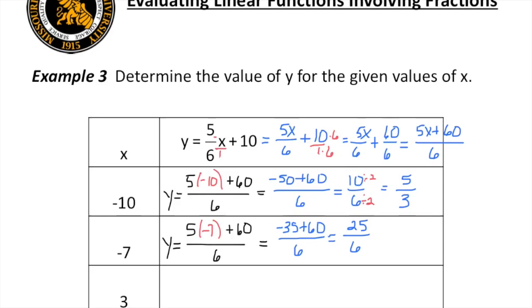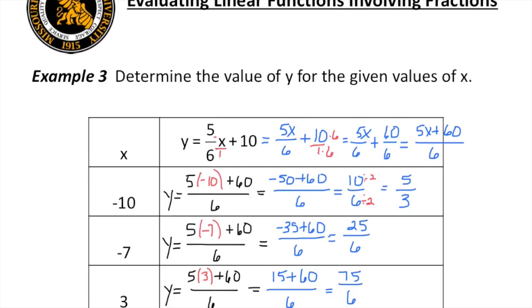One final computation. Let's evaluate our equation at 3. So we replace our x with a 3. Performing the order of operations, we have 5 times 3, which is 15, plus our 60, all over 6. 15 plus 60 is 75 over 6.